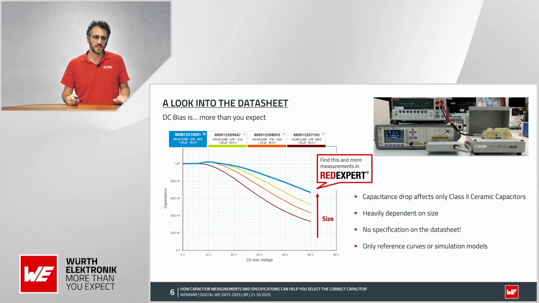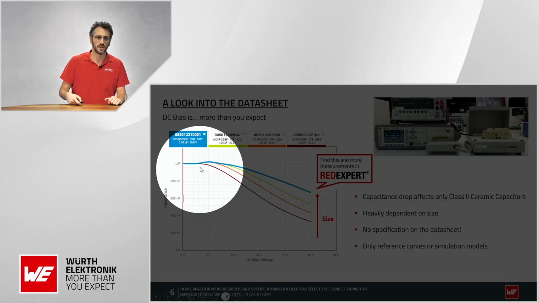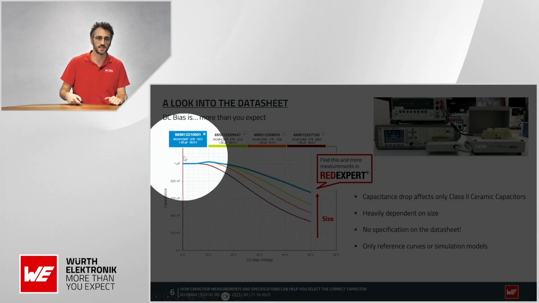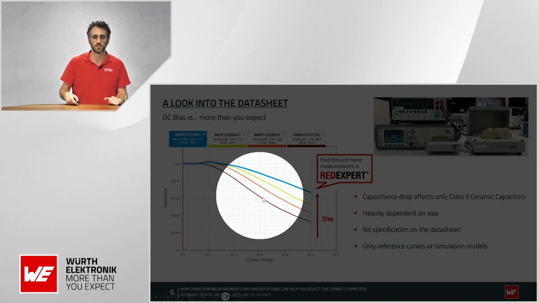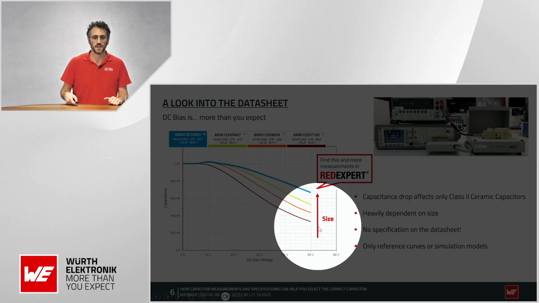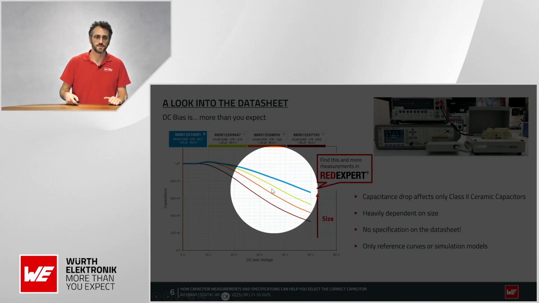So you can see that for some MLCC class 2 high capacitance types, the capacitance is more or less the rated value at 0 volt DC, but the moment you load with DC voltage, you have a loss of capacitance.